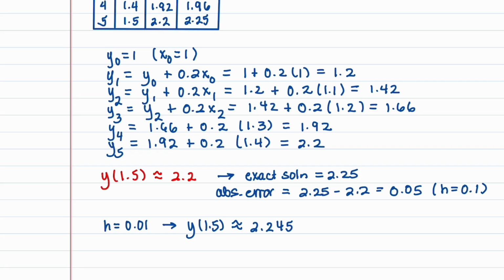The absolute error for this one would be 2.25 minus 2.245, which is equal to 0.005. And let's just mark this. This is h is equal to 0.01. You can see from this that if you used a smaller step size, your error is going to be much smaller.